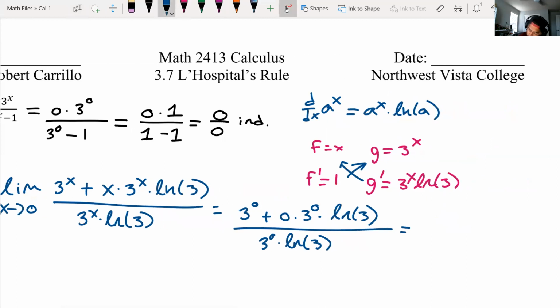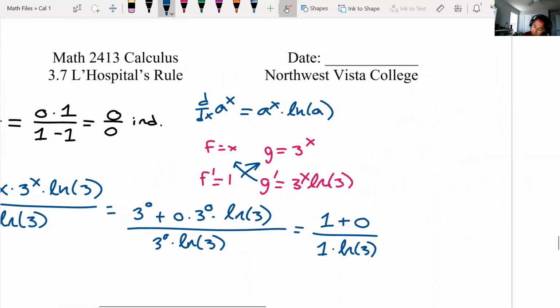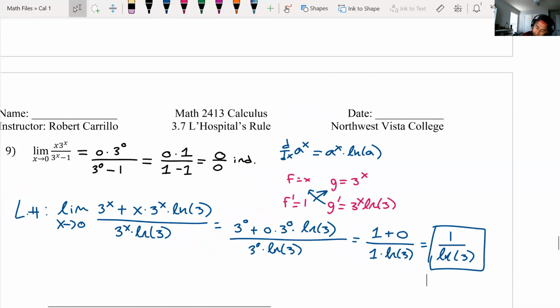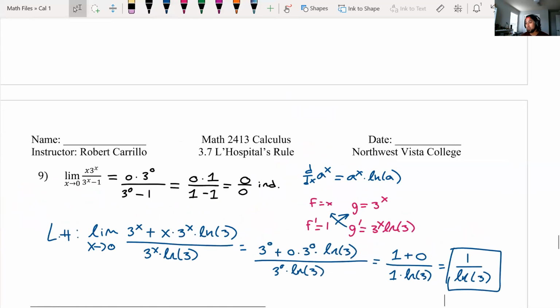This will become 1 plus 0 over 1 times the natural log of 3. So our answer here is just 1 over the natural log of 3. Good stuff.